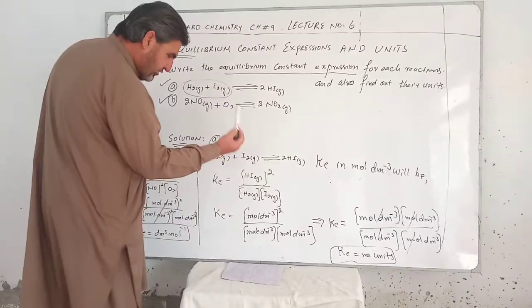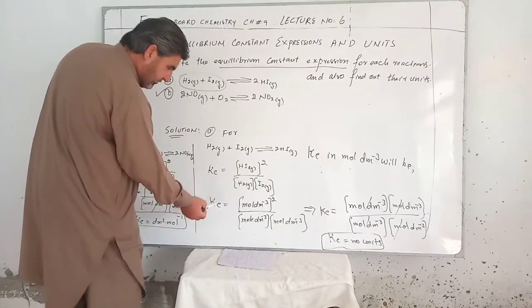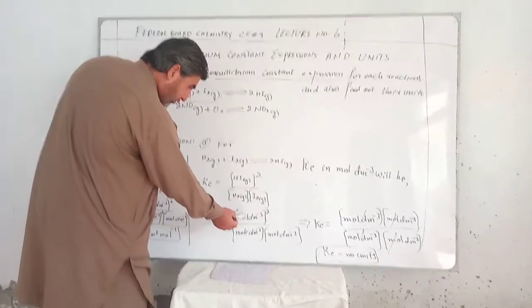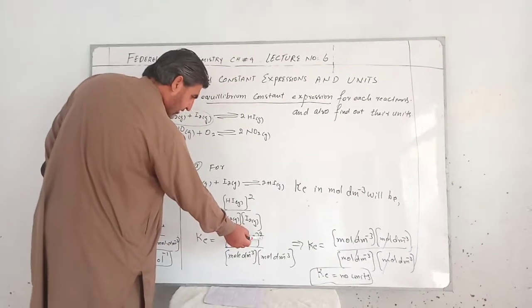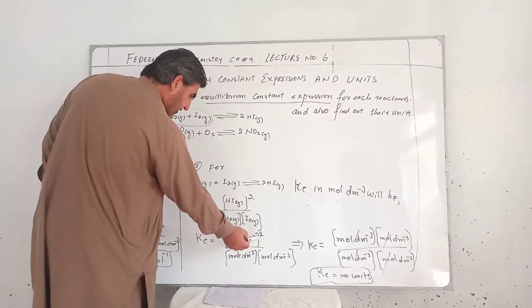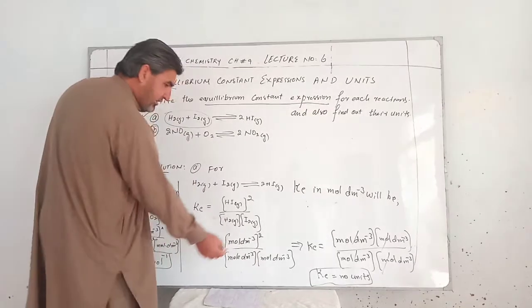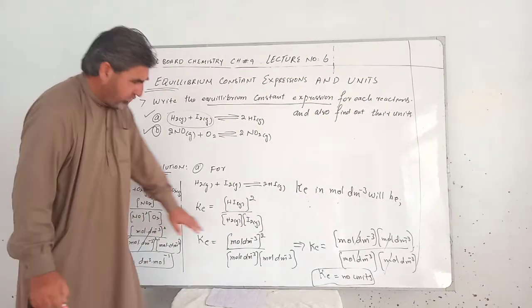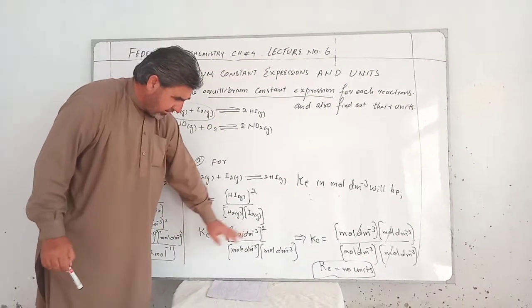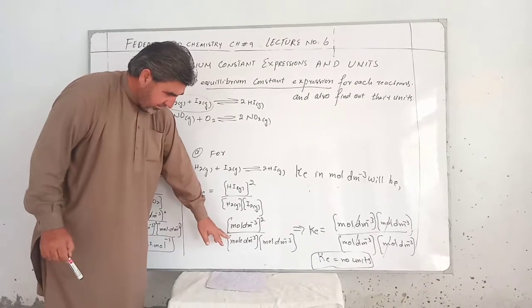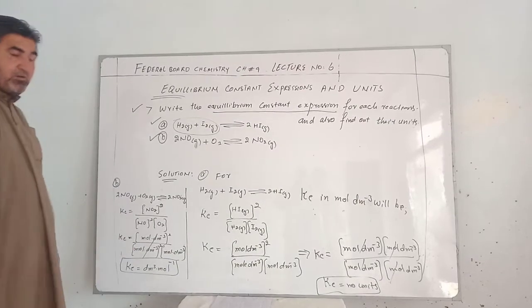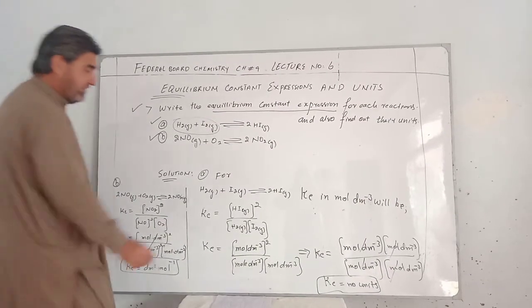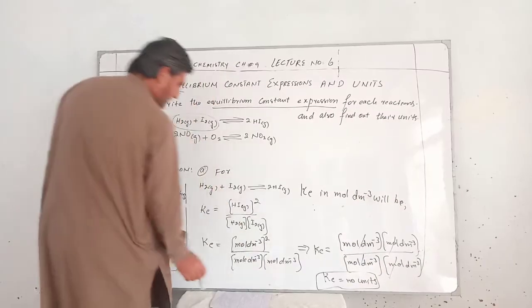Now in terms of units, we write this expression with Kc in mole per decimeter cube, with the power shown. So the product squared is divided by the reactants in the form of multiplication, which is done in the denominator.